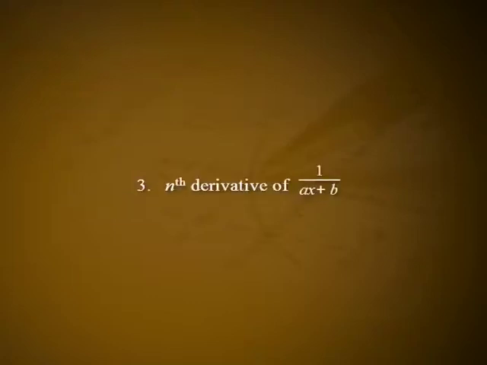Third one, nth derivative of 1 divided by ax plus b. Let y is equal to 1 divided by ax plus b, which is equal to ax plus b all raised to minus 1. Then y1 is equal to minus 1 into ax plus b all raised to minus 2. y2 is equal to minus 1 into minus 2 into a square into ax plus b all raised to minus 3.